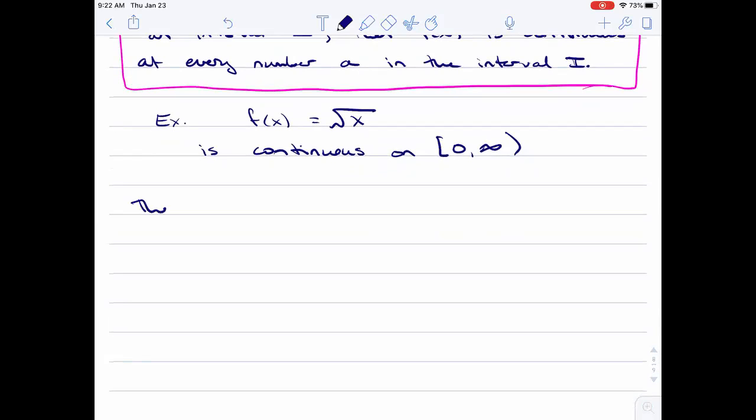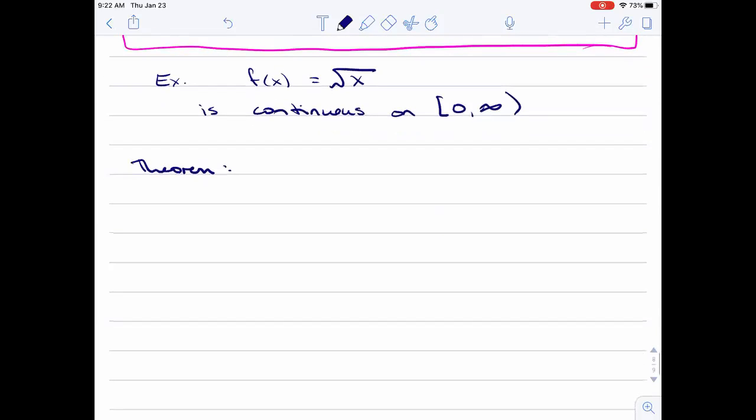I guess it's just specifying that f and g have to be continuous for this to work. So let f and g be continuous at a.